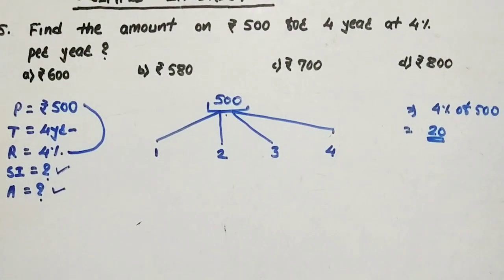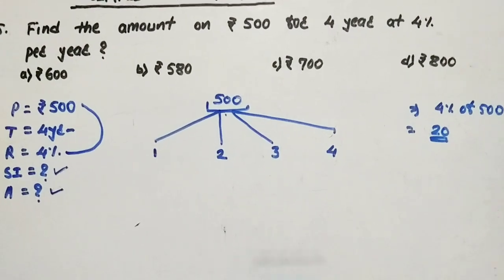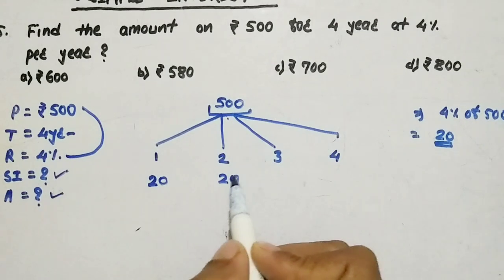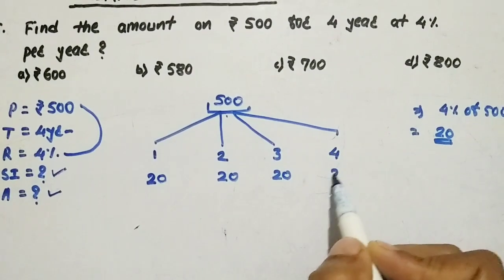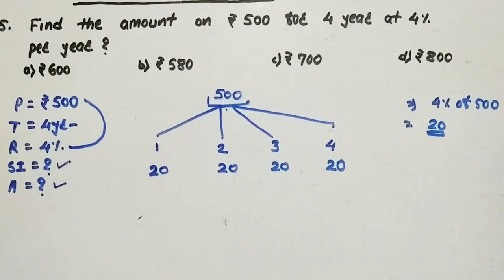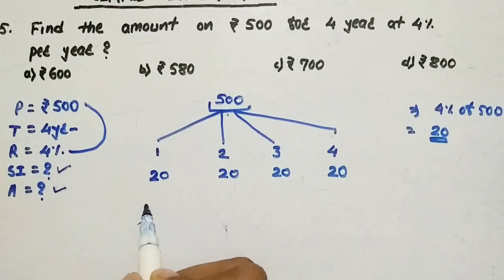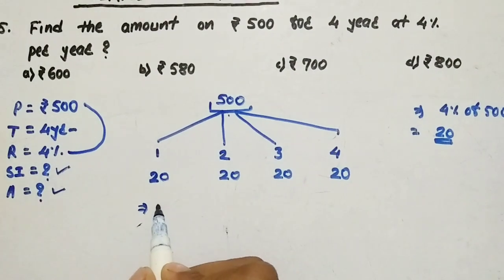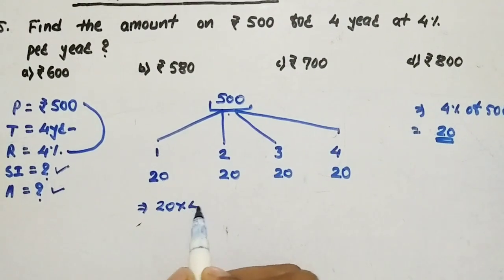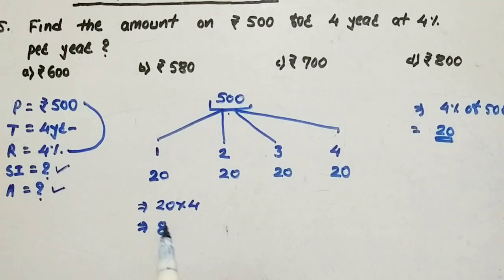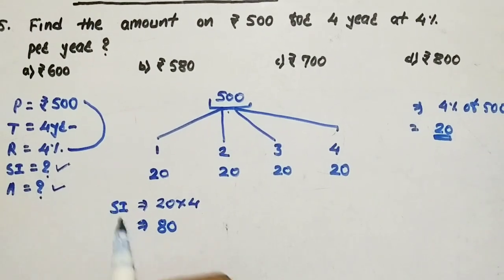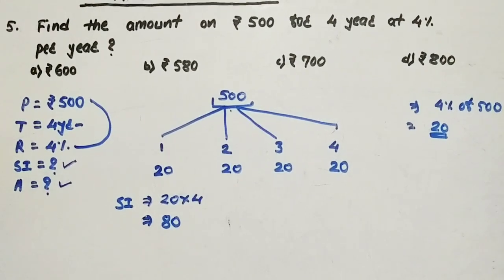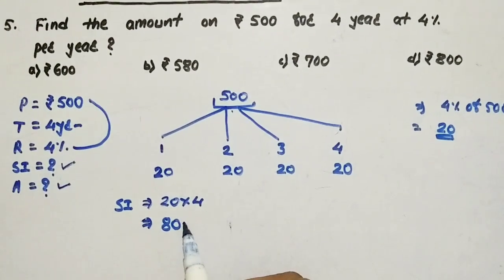So simple interest for the first year is 20, similarly second year 20, third year 20, and so on for 4 years. So total interest is 20 plus 20 plus 20 plus 20, that is 20 into 4, which is 80. So simple interest on 500 for 4 years at 4% is 80.